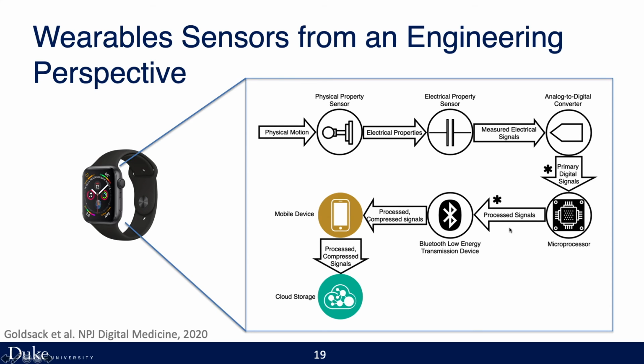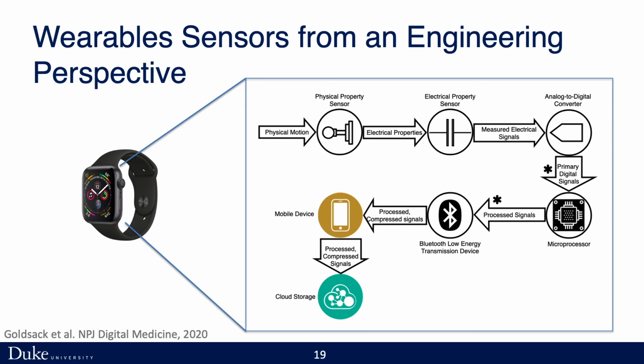So then these signals are often transmitted to a mobile device, or in the case of the Apple Watch 4 and above, it actually gets transferred directly through a wireless network to the cloud. And so one thing that's very important to realize is that in each of these steps where a signal is changed from its original form, there's something that goes on that alters the data.